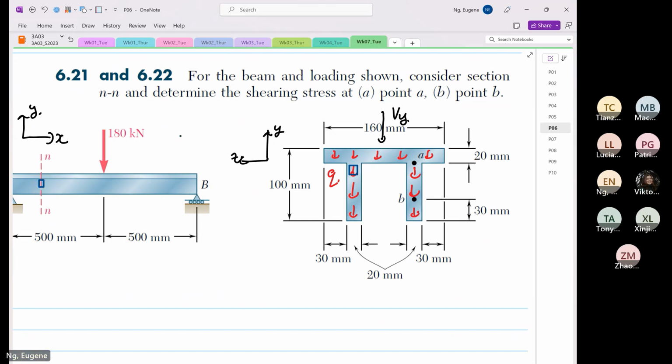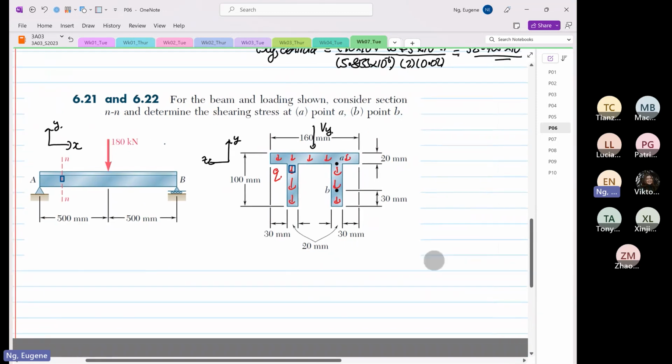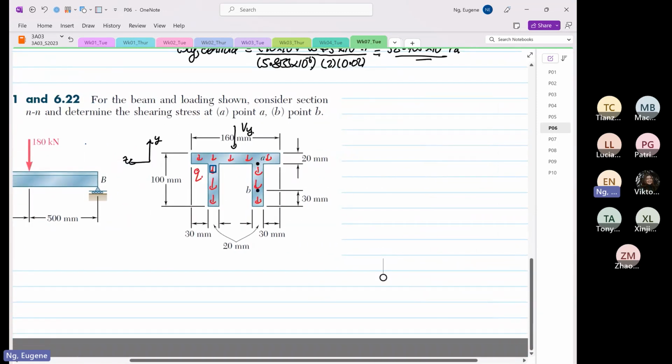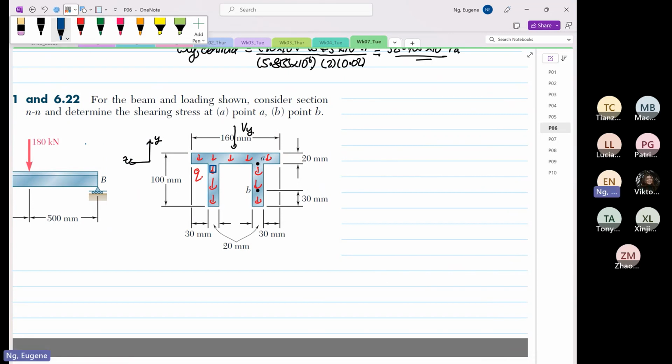Now I'm going to draw this in 3D. In 3D, I have to draw my transformation first.